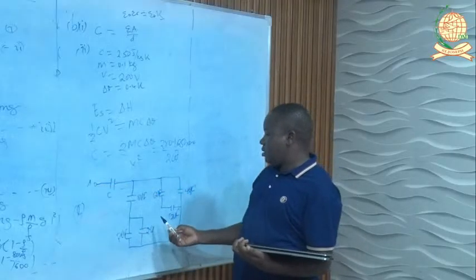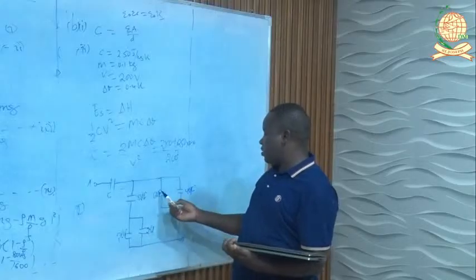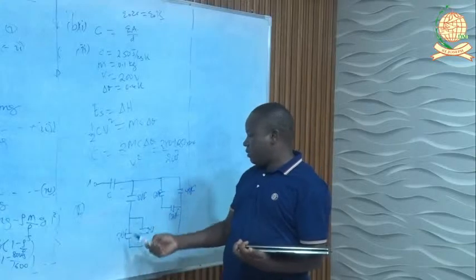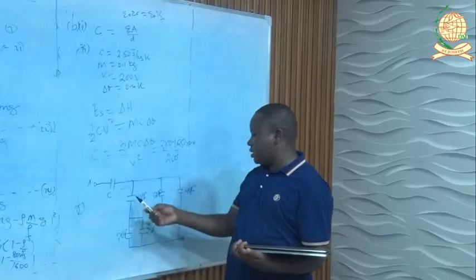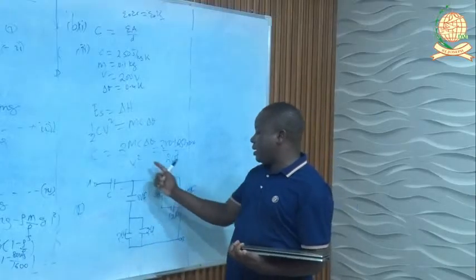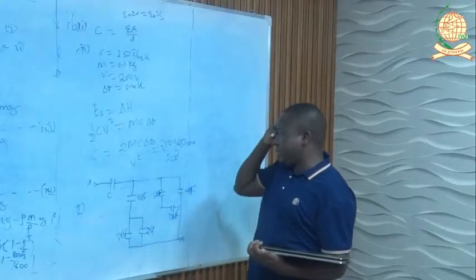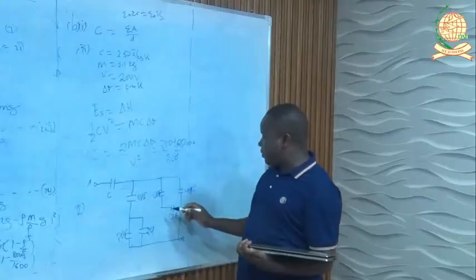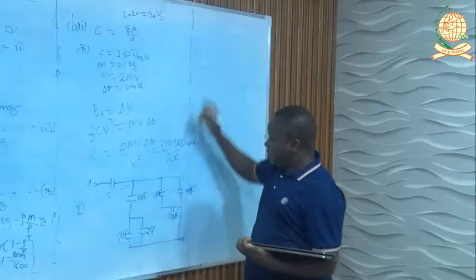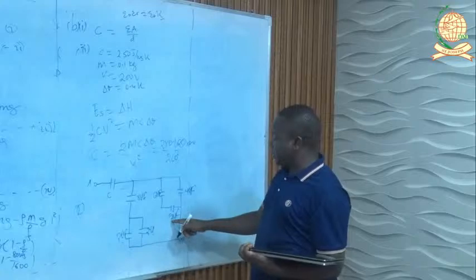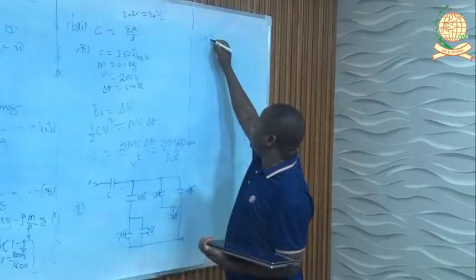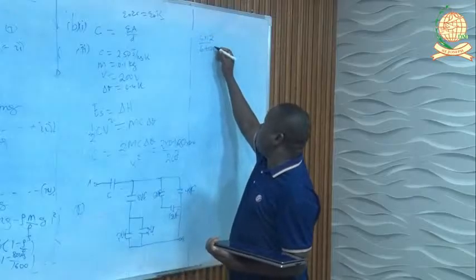First of all, we combine this one and this one in series, combine with this one in parallel to get one capacitor; then the series and parallel combinations, finally parallel and parallel, then in series with the C. So first, if you combine this and this 12 in series, it is 6 times 12 divided by 6 plus 12.